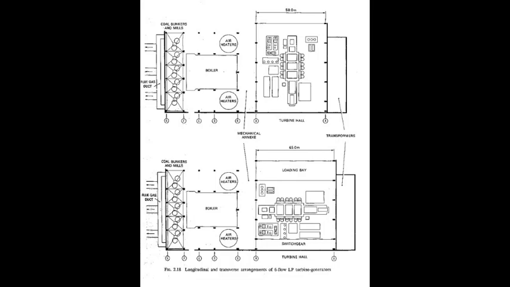So this way plant layout varies from location to location, plant premises to premises. In certain locations we find the common facilities are made in such a way that the units are made in parallel.